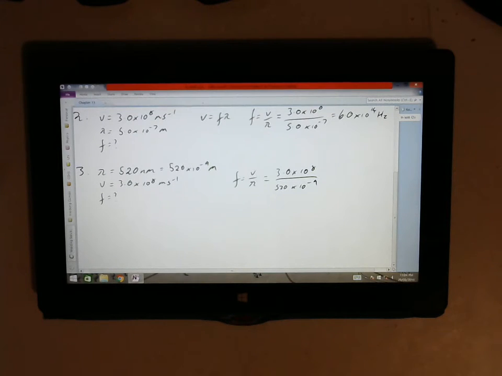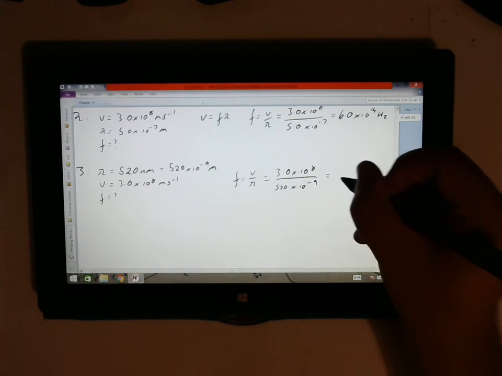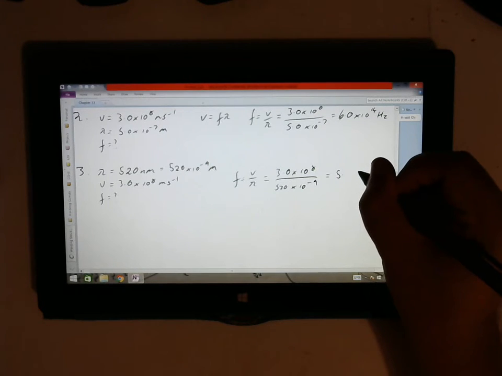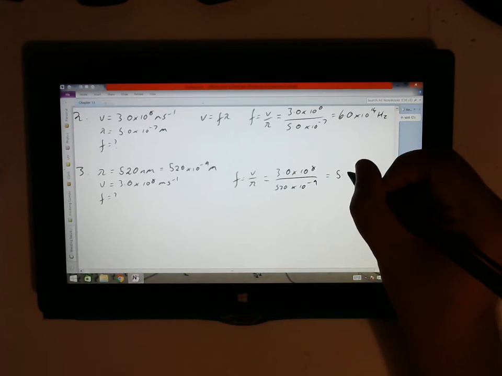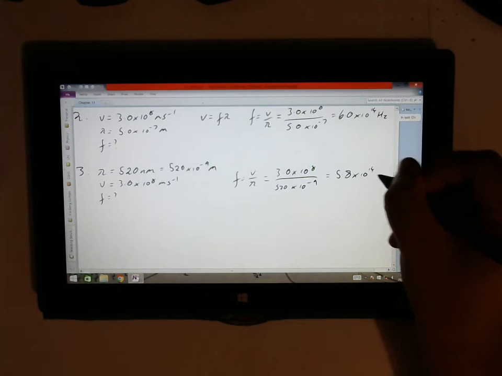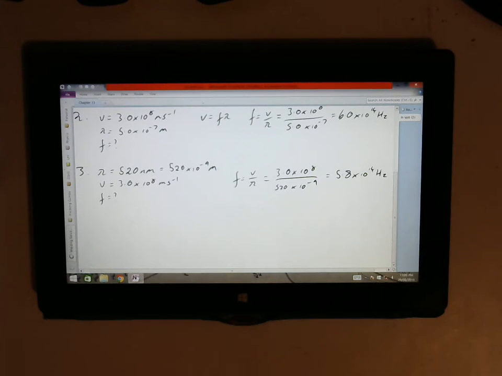Let's chuck that into a calculator. 3 divided by 1.2. And we would get 5.7 or 5.8 times 10 to the 14 hertz.